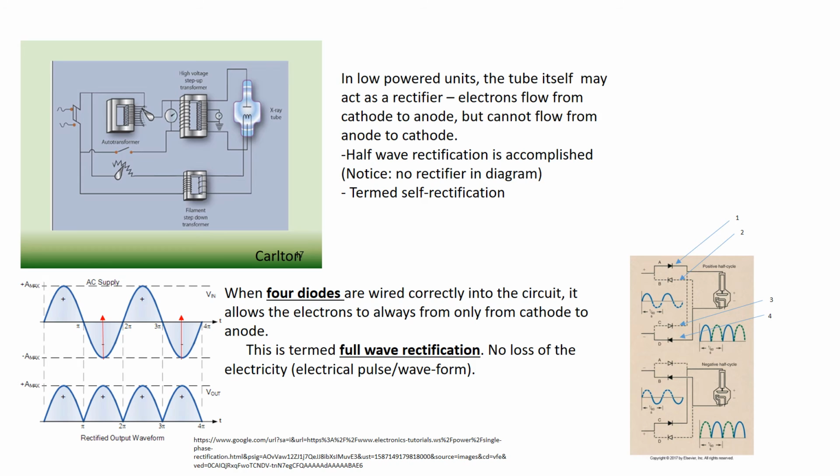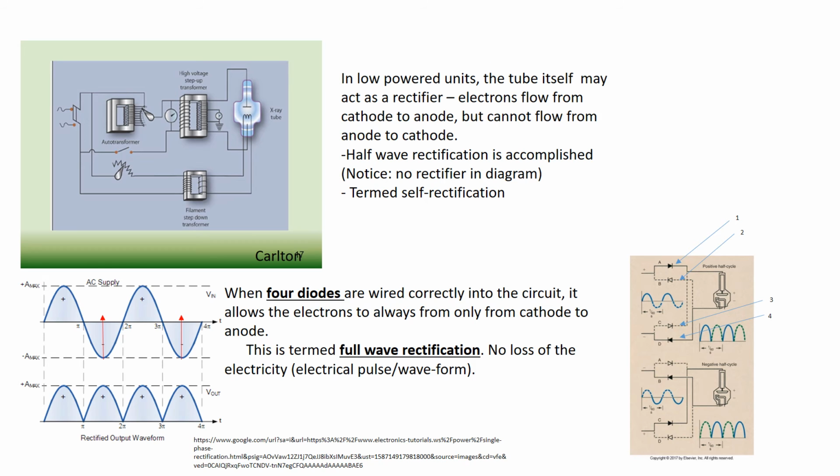So basically, we're only allowing electricity to flow in one direction. This is termed full-wave rectification. With full-wave rectification, there is no loss of the electricity like you had in half-wave.